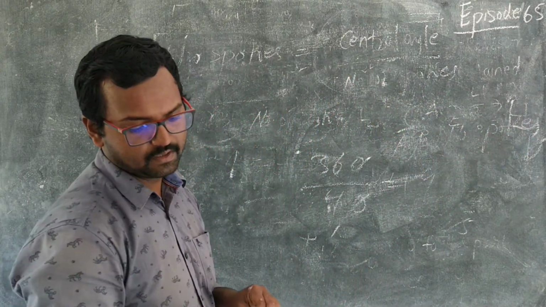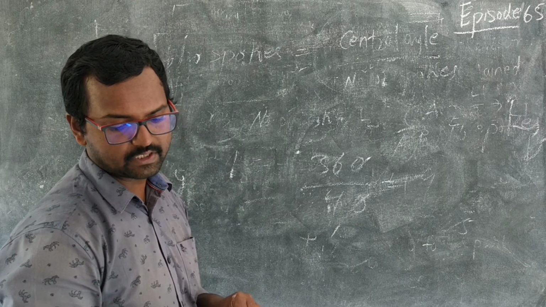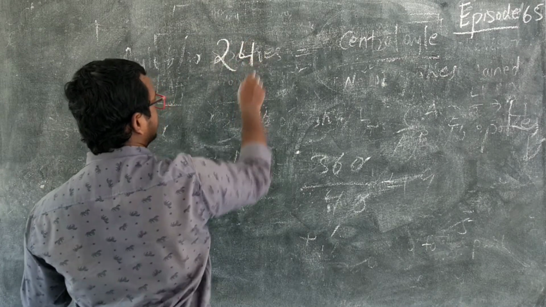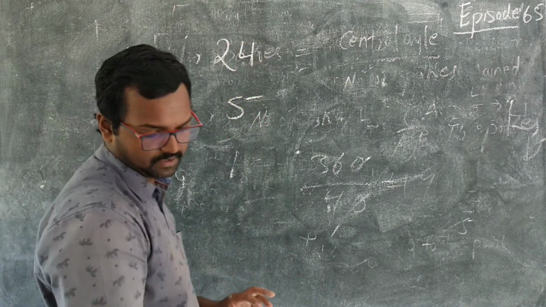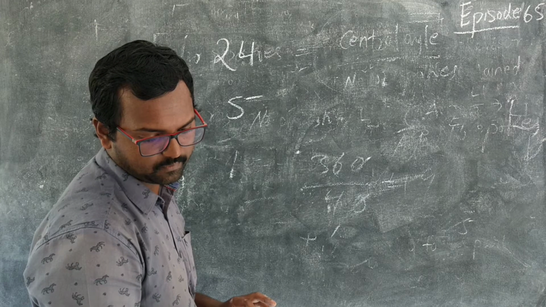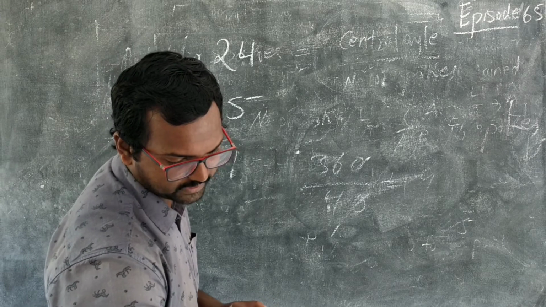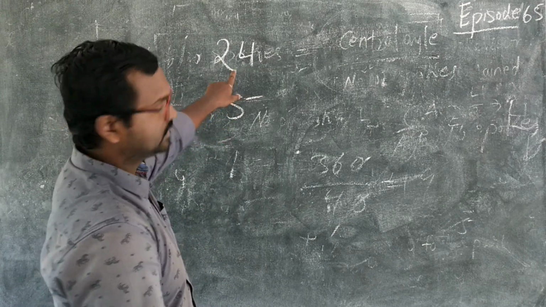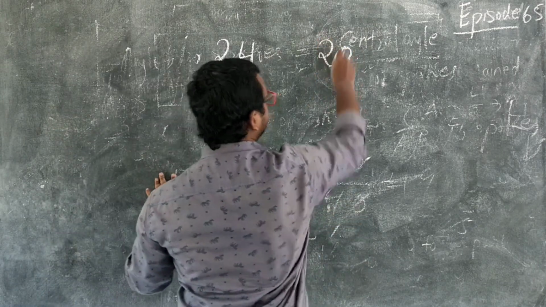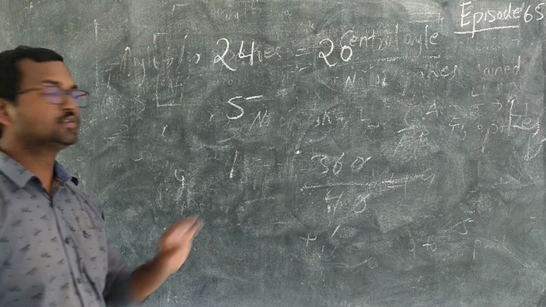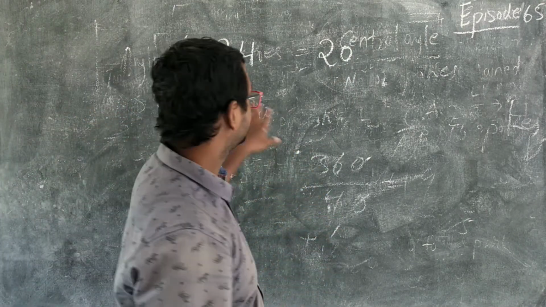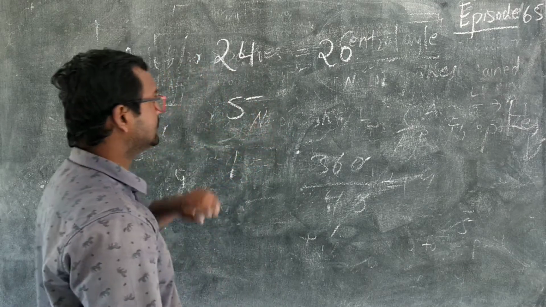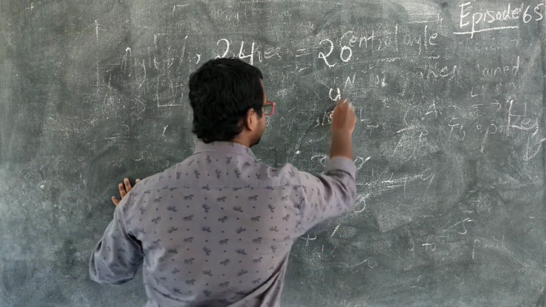So 24 students are getting 5 sweets each. Initially there were 24 children, now it became 20 children. So automatically each child will get more sweets. So this is our missing factor.